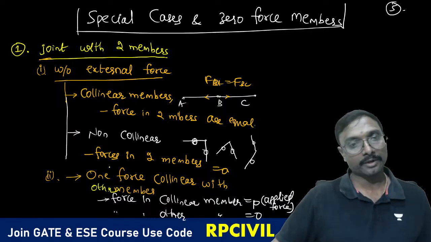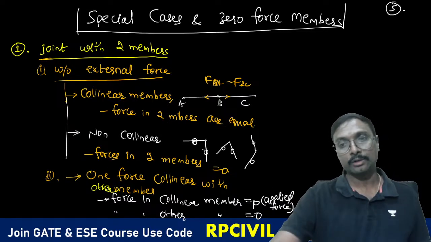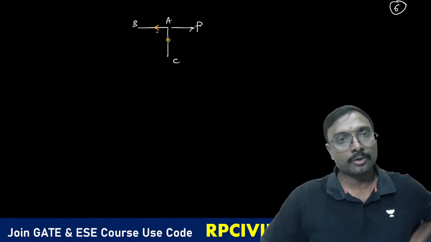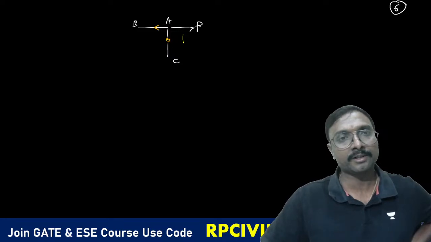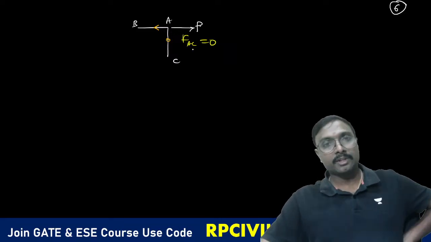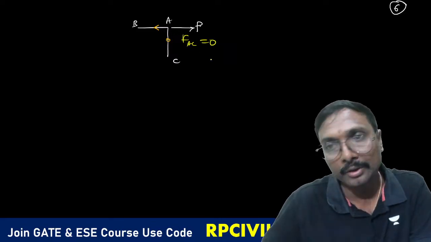Note this. I think this is noted now. So here, what can you say? One force is there. The applied force is an external force, and the force in this member AC will be equal to 0. You are taking it, right?